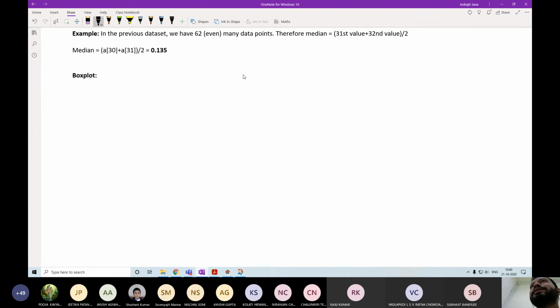So you have a whole data set, and suppose this is the lowest, the minimum, and that's the maximum. Okay, and then you identify 3 quartiles. This is the first quartile, which is the 25th percentile, right? And second quartile, which is 50. That's also actually the median.